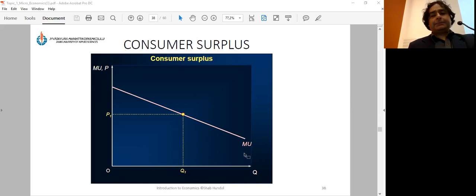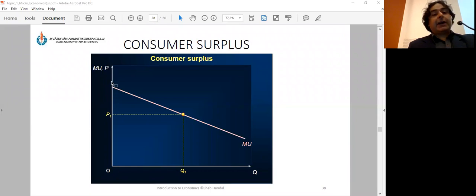Like in this example, the maximum price which you potentially can pay is this one. Of course, at this price, demand will be zero. But this is the maximum price which can be charged from you as a consumer. That price is here.